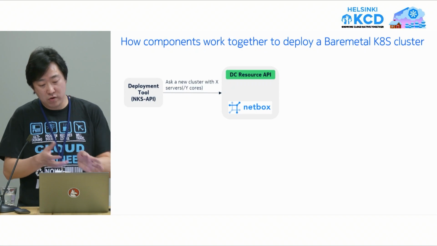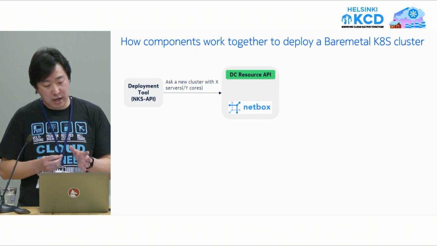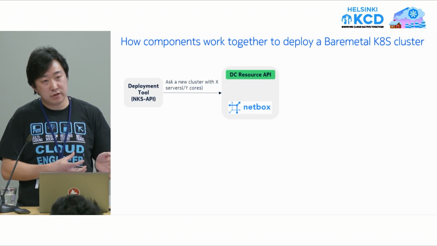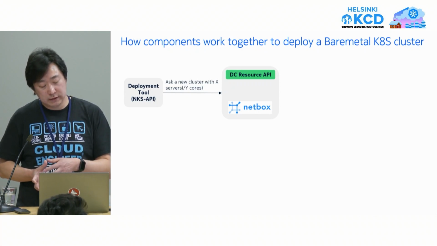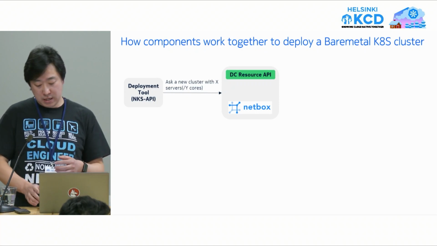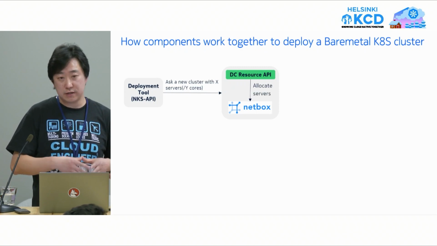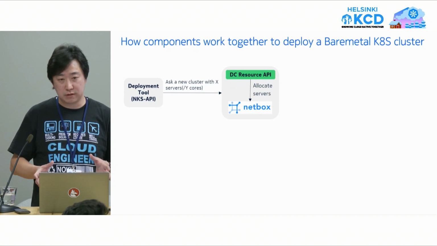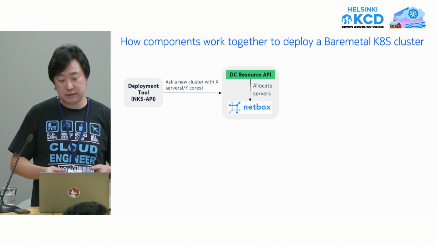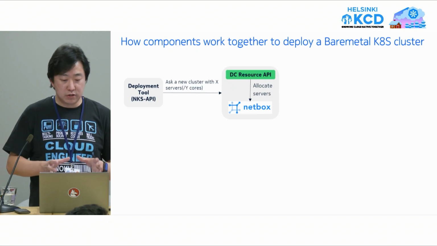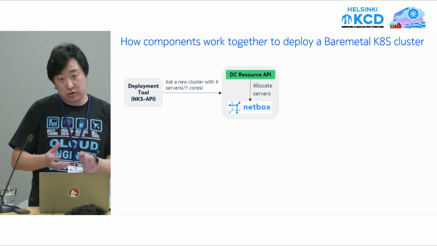It could call the API like, I want to create a new cluster with a certain number of servers or cores, and the resource API then goes to Netbox and looks up free servers from the pool, picks the free servers, allocates them, and makes the modification in Netbox as an allocation.